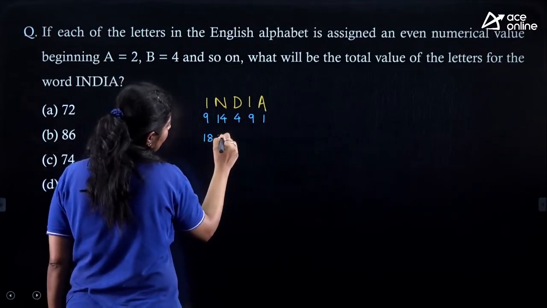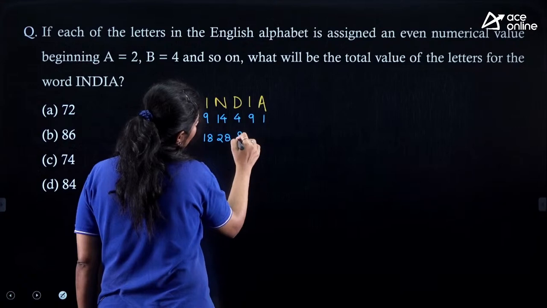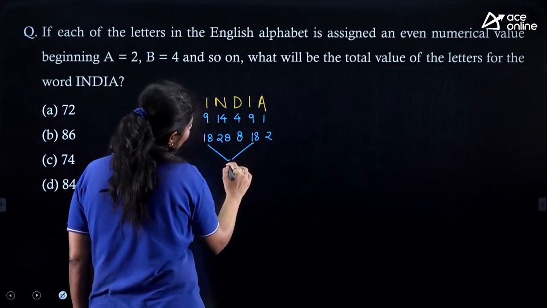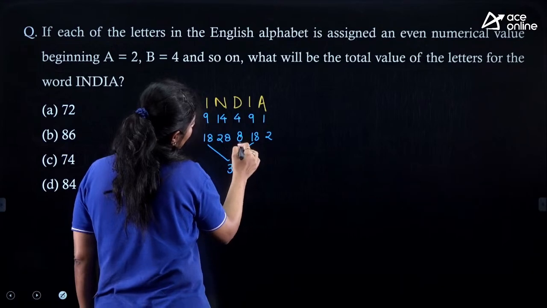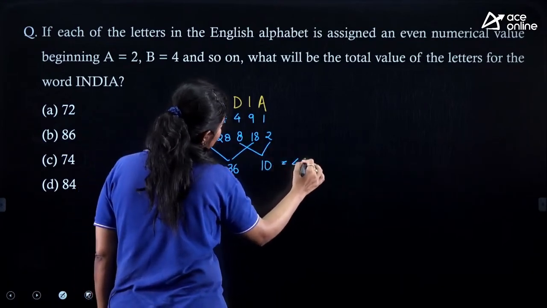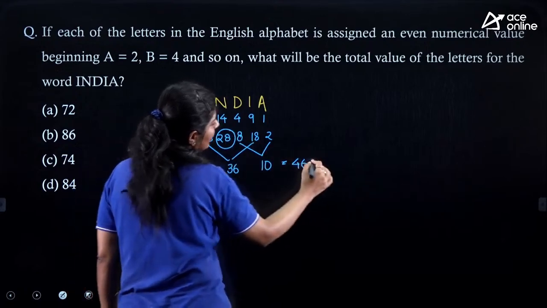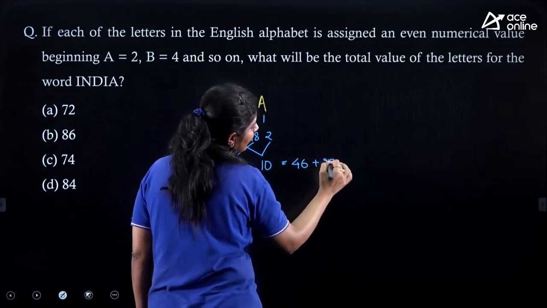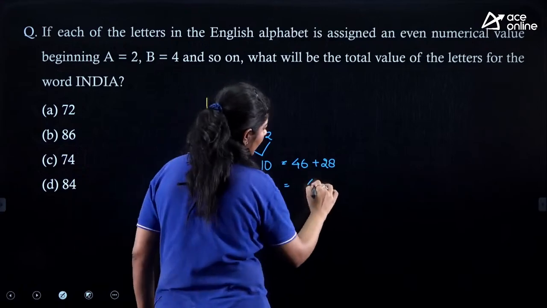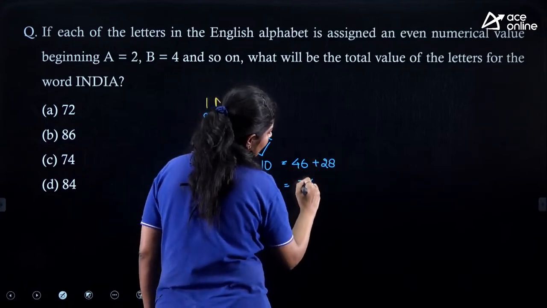So it will become 18, 28, 8, 18 and 2. 18 and 18, that is nothing but 36. Here it will become 10 and this will become 46. We are still left with 28, so just simply add 28 in it. 6 and 8, that is nothing but 14, 4 and the 1 is carry forward and 74.